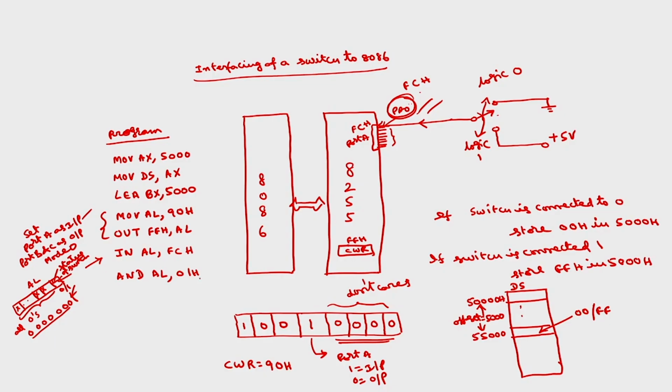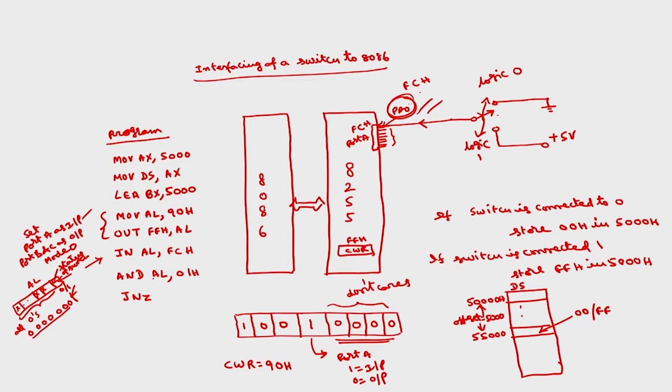After this, jump not carry, or you can write jump not 0 also, because the result can be either 0 or non-zero. Not 0 means AL contents are 1, since there are only two possibilities, either 0 or 1.